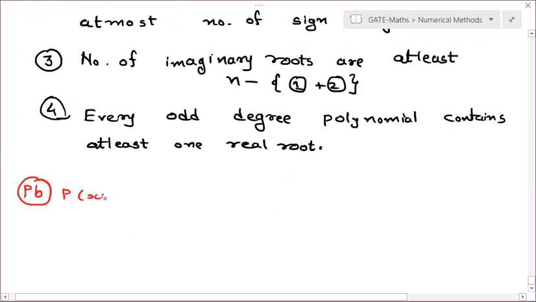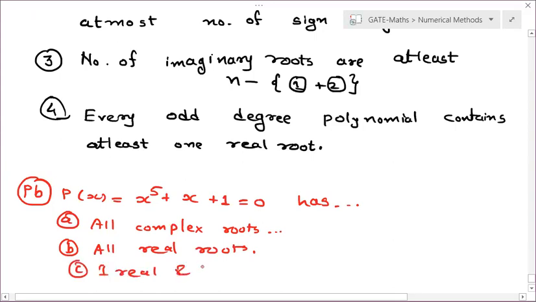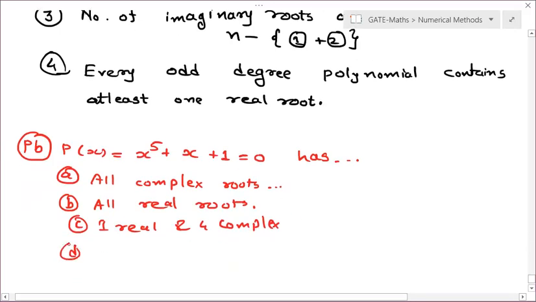Suppose our question is p of x is equal to x to the power 5 plus x plus 1 equal to 0. Your options are A, all complex roots, B, all real roots, C, 1 real and 4 complex, and D, 3 real, 2 complex.